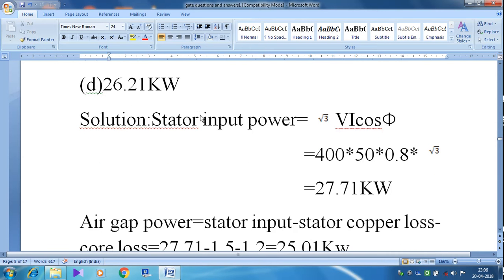The air gap power. So stator input power, we already know the input to the stator is root 3 VI cos phi.